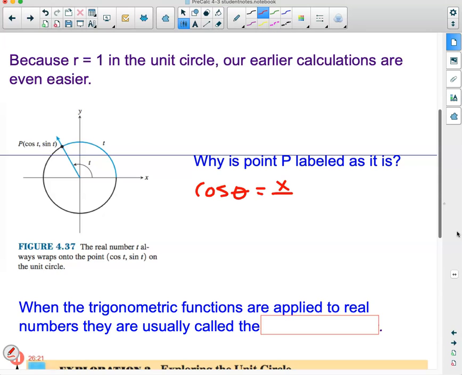Cosine of theta is x over r. Sine of theta is y over r. They made a really big deal about how our choice of r being 1 is a really good idea. Well, if r is 1, then this would be a 1.